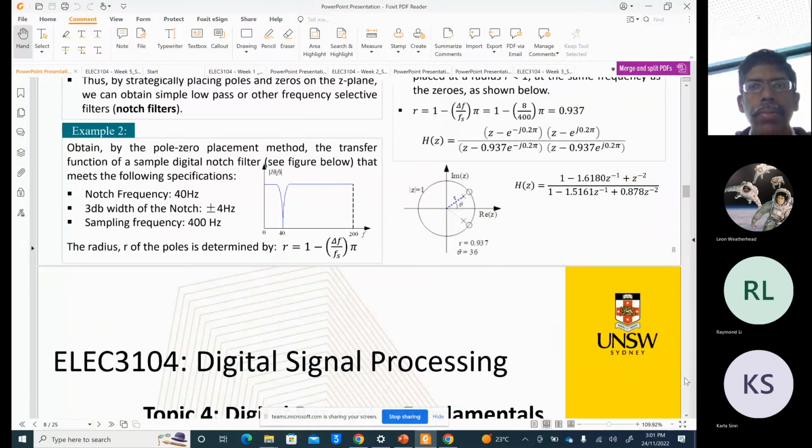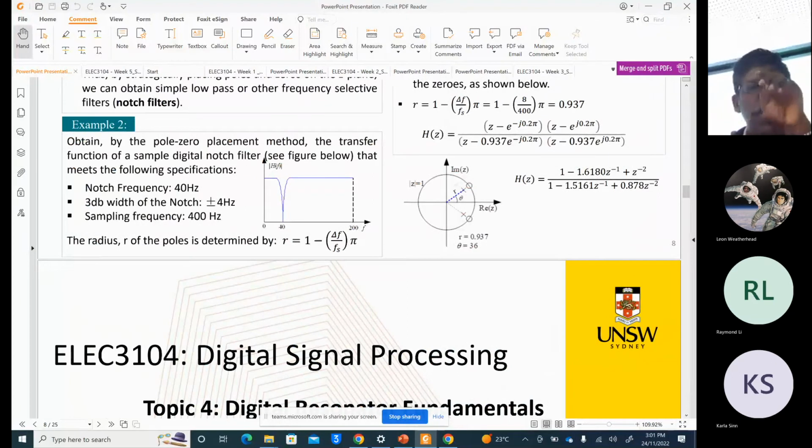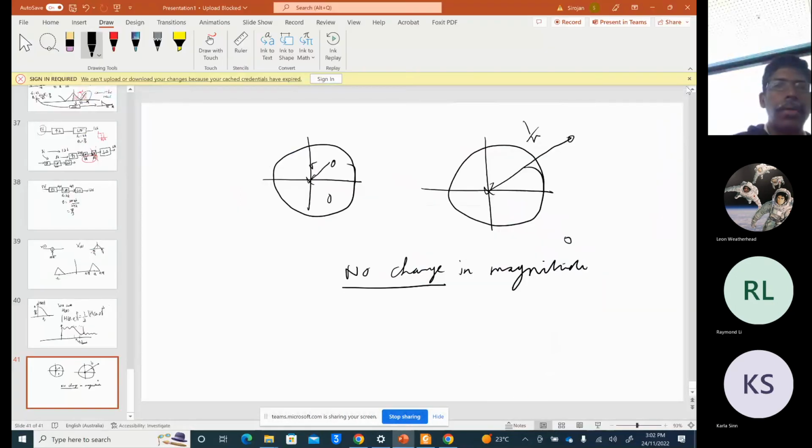Notch filter is when you have these resonant poles and a zero closer to that one. That will bring the notch filter down to 0. And you can find the equations. This is the R equation and the bandwidth equations. So you can find the R and bandwidth.